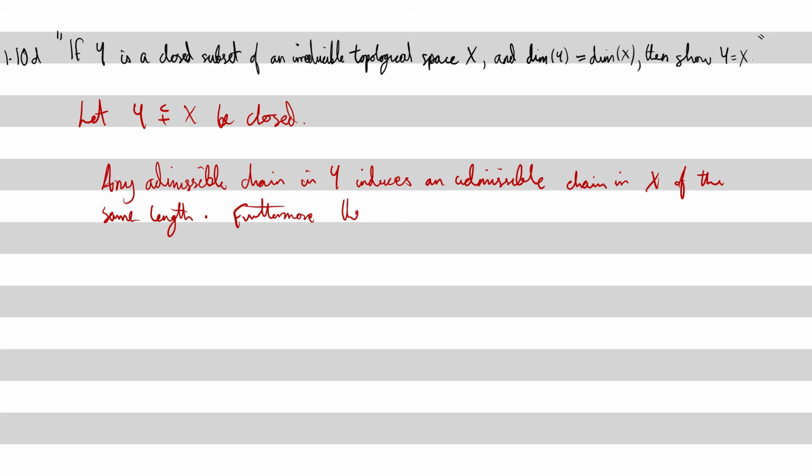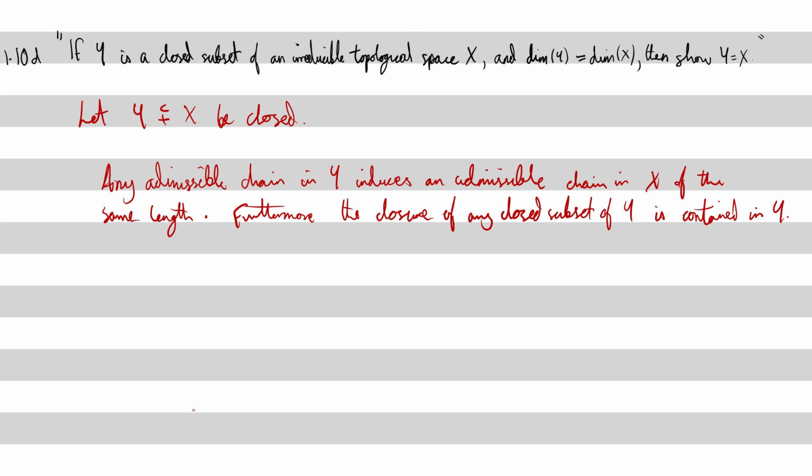Furthermore, the closure of any closed subset of Y is contained in Y, obviously, because the closure is defined to be the minimal closed subset containing it. Therefore, Y contains that.